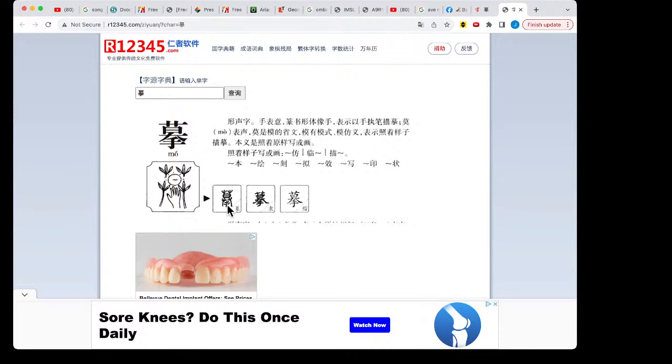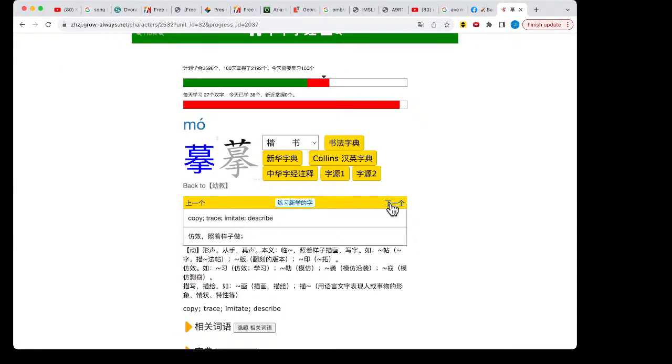This means that they try to copy exactly what they see. And so that's the character 摹. Next one.